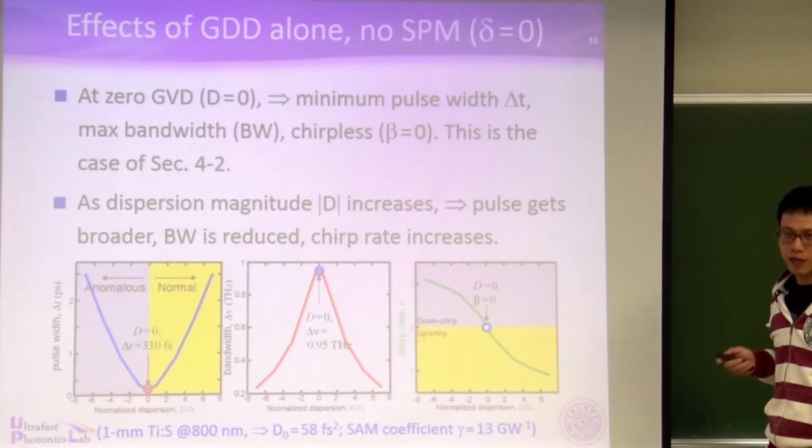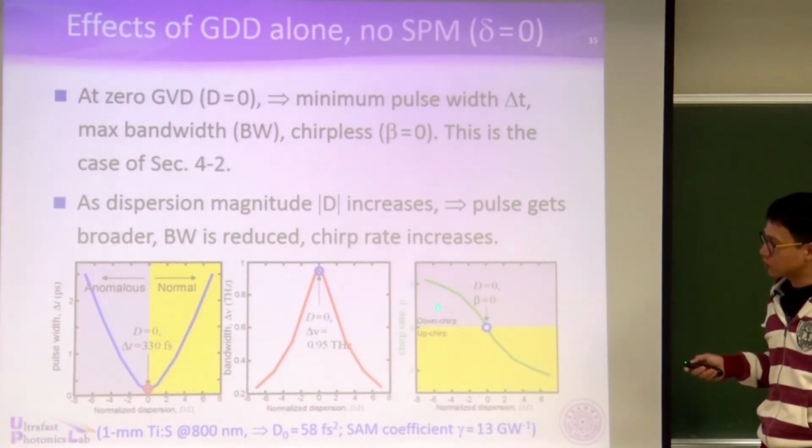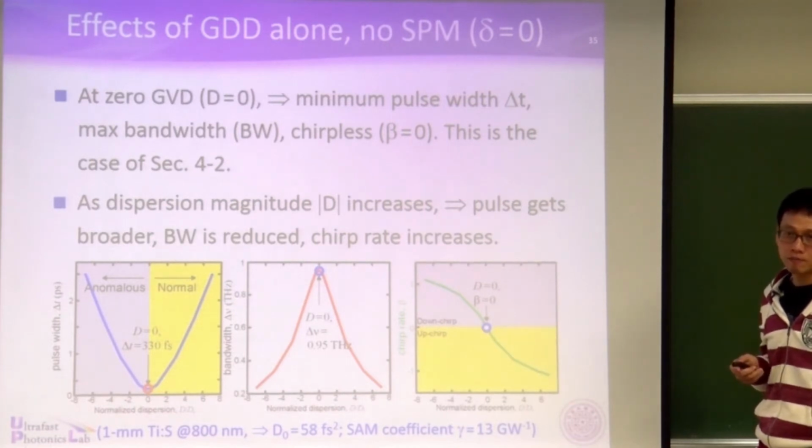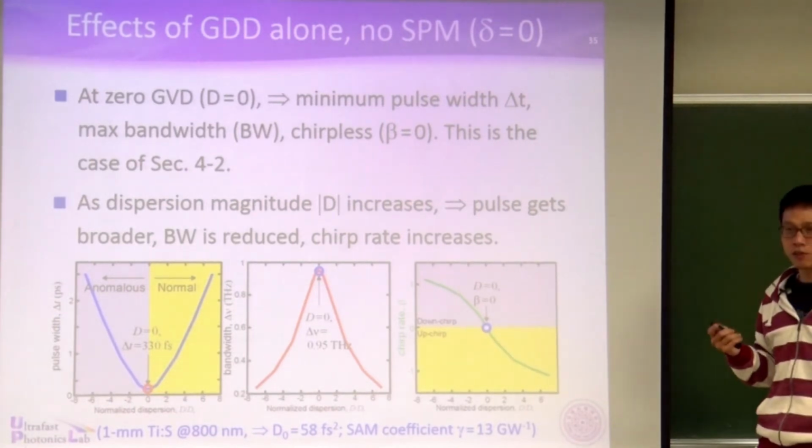But it's asymmetric, right? If your GDD parameter is more and more negative, your beta coefficient is more and more positive. But as I emphasized before, a positive beta means down chirp.